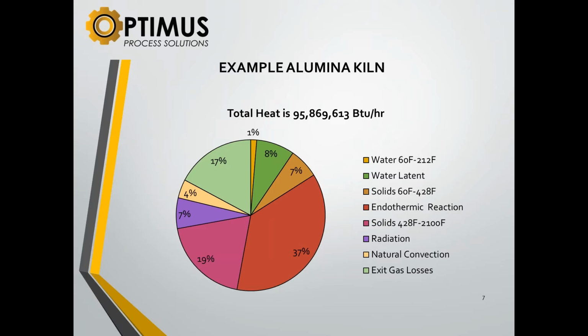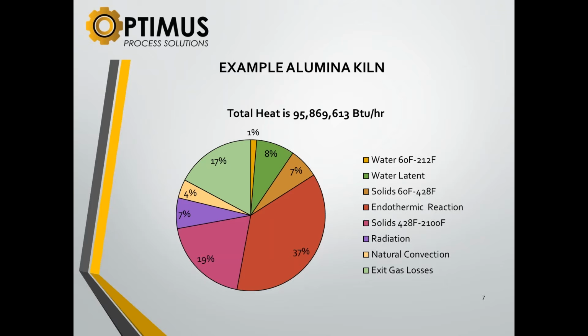And then we're going to go over 212, so we're going to boil water, and you're going to consume approximately 1,000 BTUs per pound of water. So just heating up water and then evaporating water is about 15% of the process.